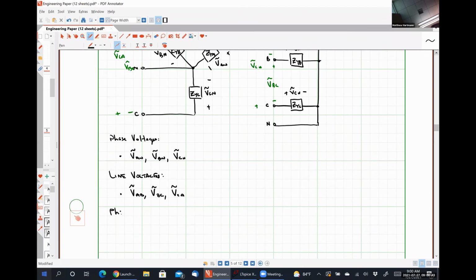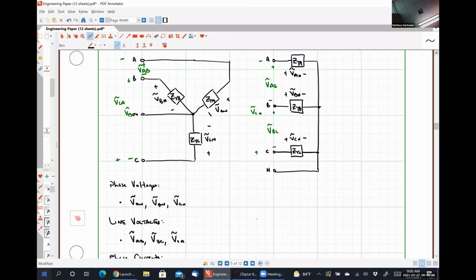Our phase currents are effectively just going to be the currents flowing through each of our impedances. So IAN, IBN, and ICN, like so, all represent phase currents.